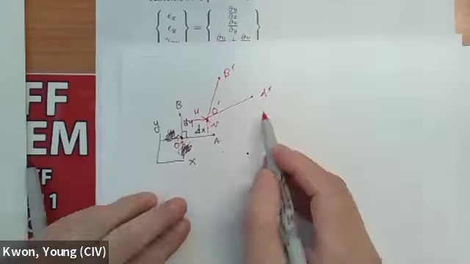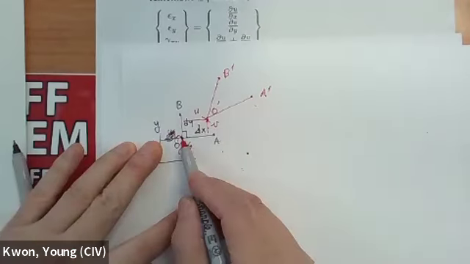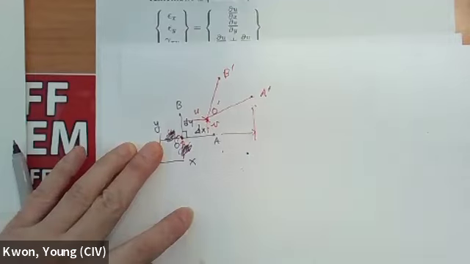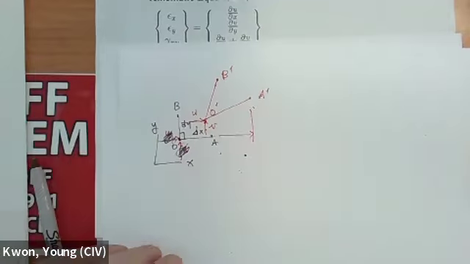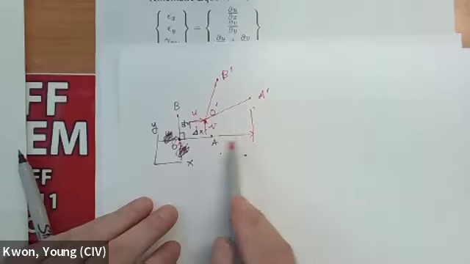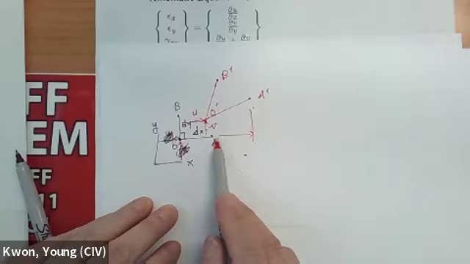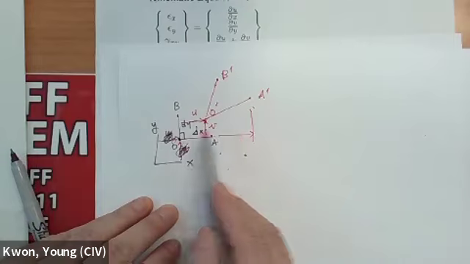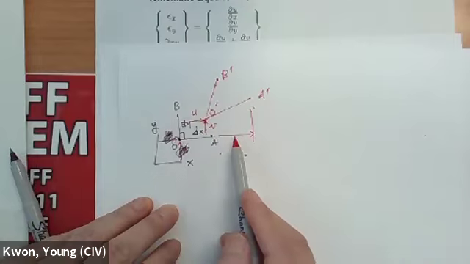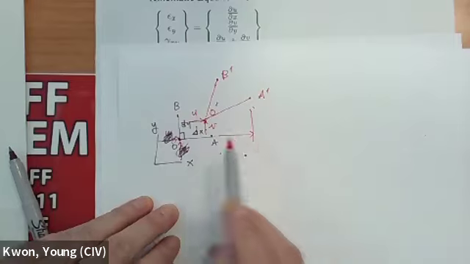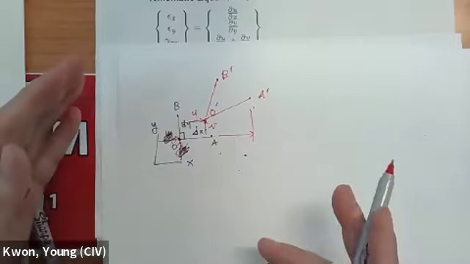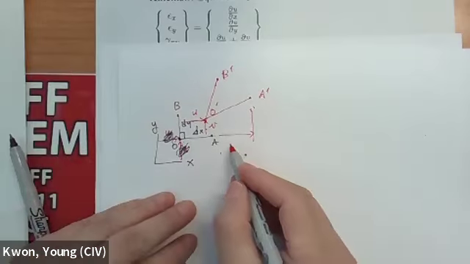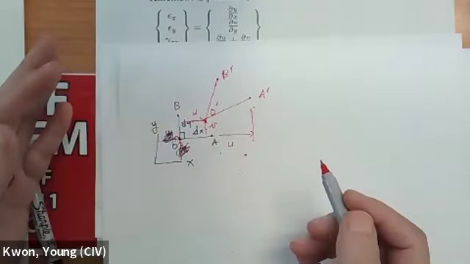Then what about from A to A prime? This is from O to O prime. What about from here to here? What is this motion? This displacement from this point to that point, at least in the horizontal component. That's not going to be equal to u. If this is equal to u, that means there's no length change. But in general, you expect some change in length because you apply loading. So that's going to be u and what?